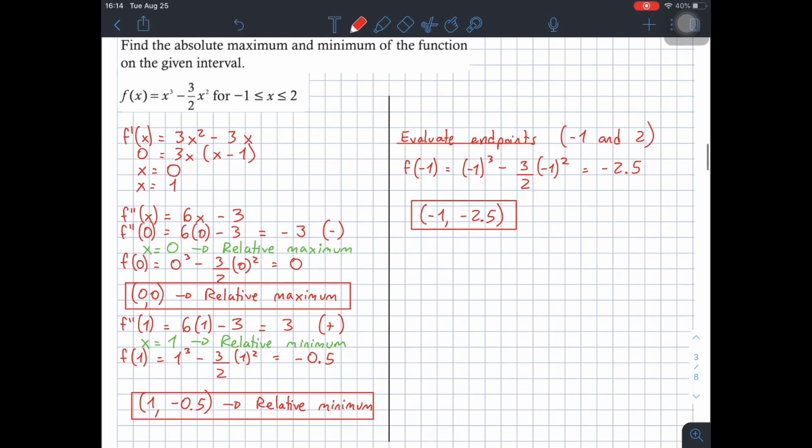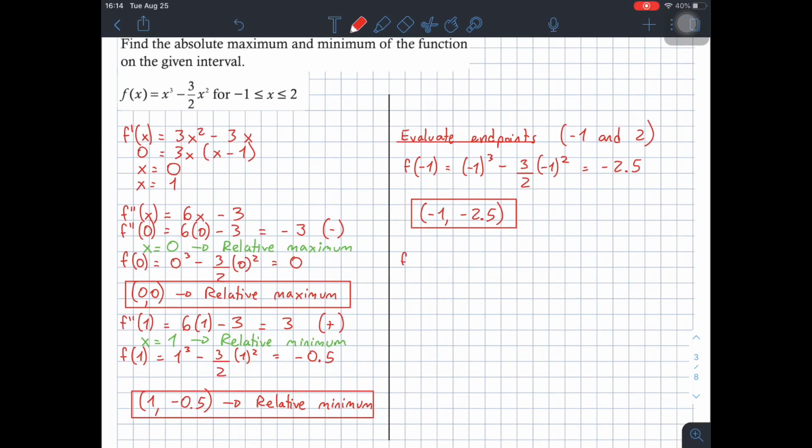And if we evaluate the other endpoint, that's f of 2, we're going to get 2 cubed minus 3 over 2 times 2 squared. And this would give us a value of 2, right? It's 8 minus 6. Yes, 8 minus 6, so that's 2.